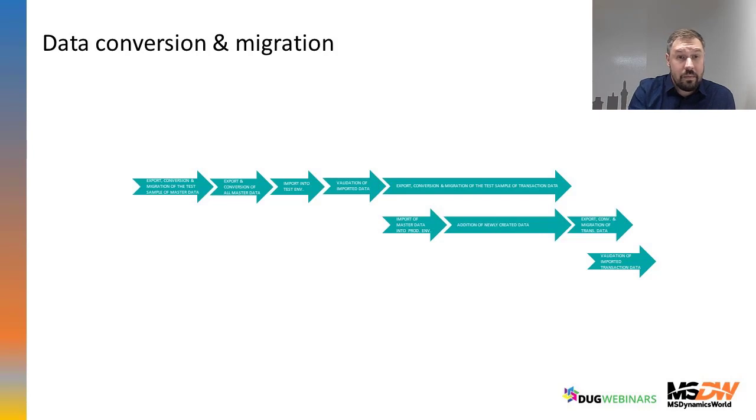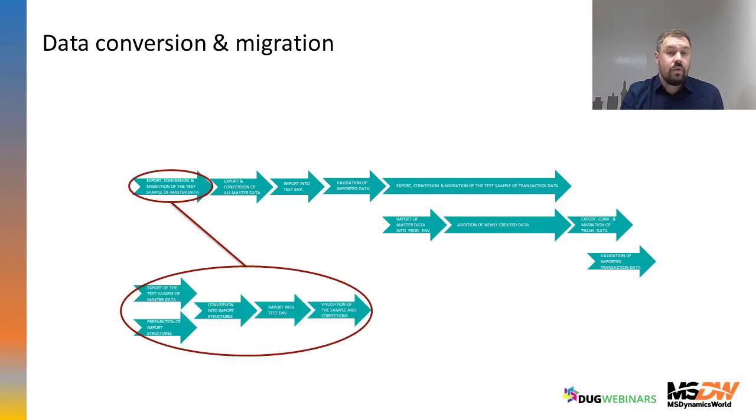So we tell them that they have to export, convert, and migrate the first sample of master data, because you have to start with samples, because if you make mistakes, then you cannot work with 40,000 items.